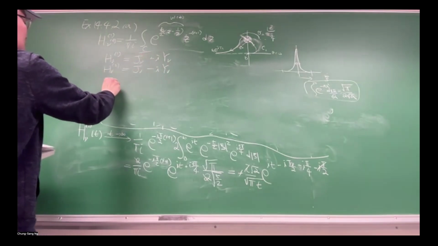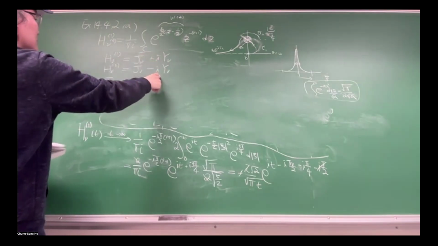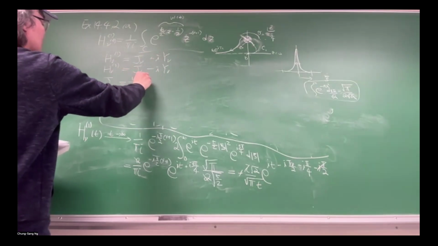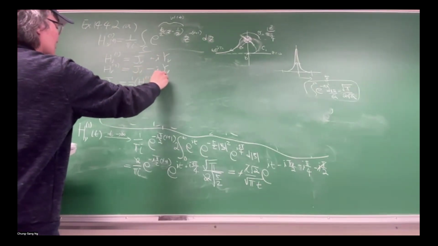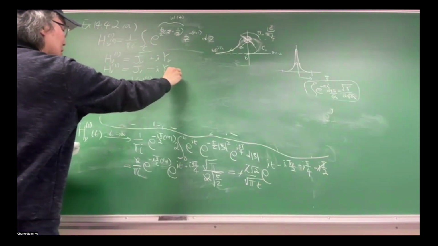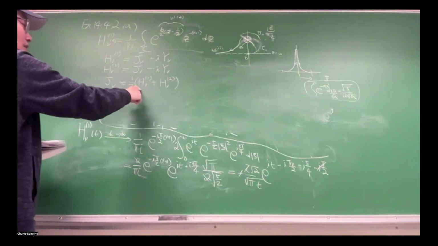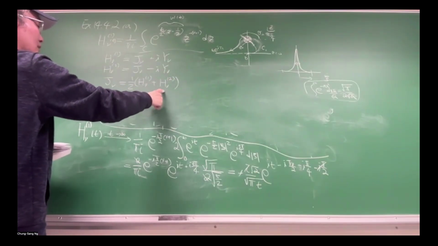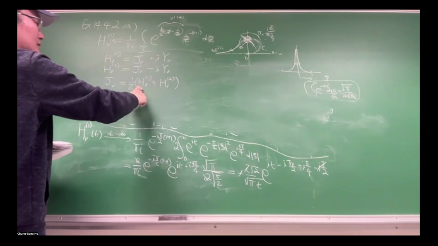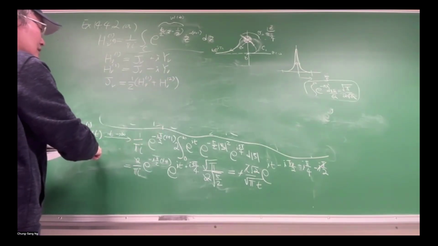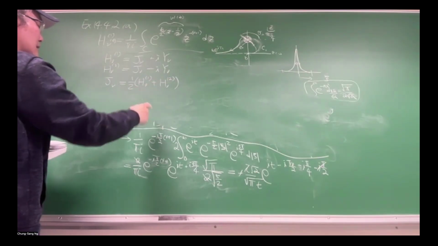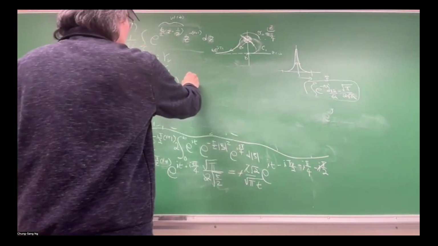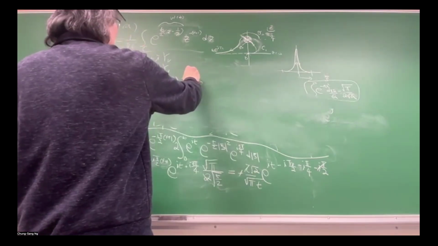For J sub nu, it's basically the sum divided by 2, so 1/2 of H nu 1 plus H nu 2. And H nu 2 is the complex conjugate of this one, right? So basically you get 2 of the real part of H nu 1. So basically, this is the real part of this one, as t goes to infinity.